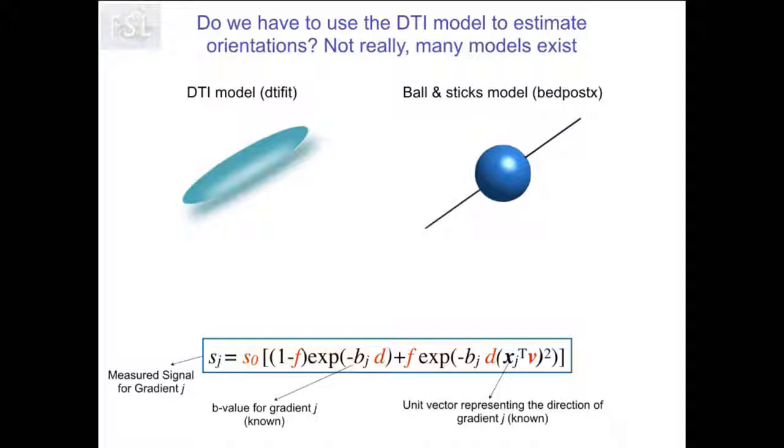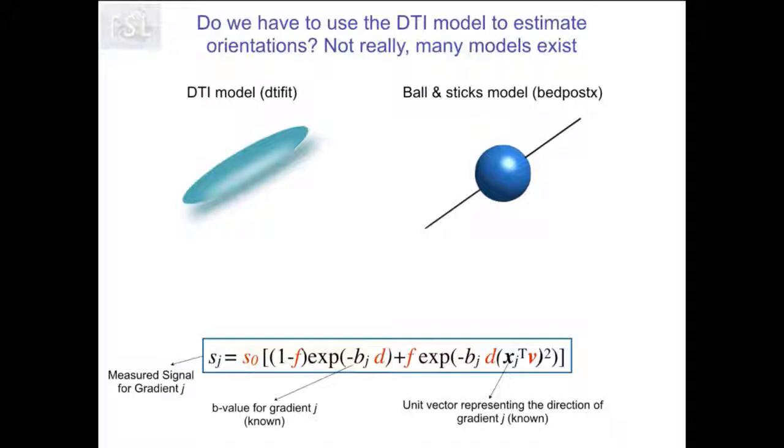We try to model the purely anisotropic, so the stick volume fraction, right? And that's why the first exponential doesn't have any dependence on the unit vector that represents your diffusion encoding orientation, but only has a dependence on the b value and on d, the diffusion coefficient, while we introduce the orientation dependence in the anisotropic compartment, right?